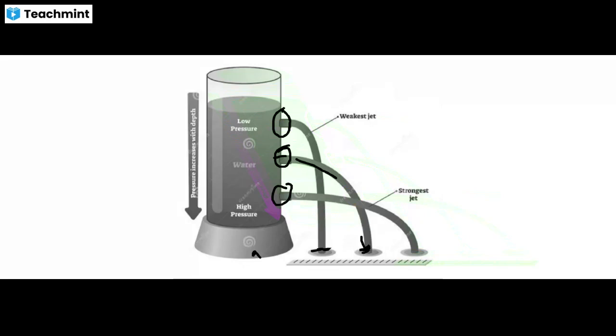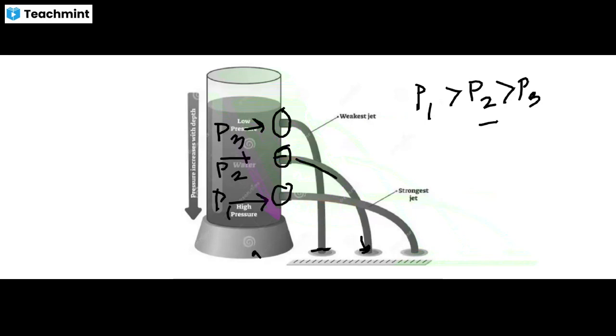So what we find here is that as the depth increases, the thrust increases. As the area of each hole is the same, as thrust increases, pressure also increases at the bottommost. Suppose I consider this P1, this P2, and this P3. What we find is P1 is greater than P2 is greater than P3. How can we say this?